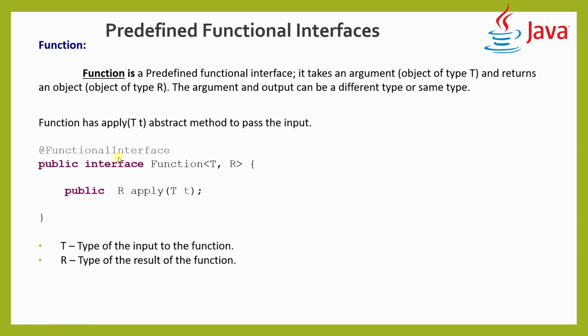Whatever input parameter we are going to give, we can use the apply method. Here T is the type of input, as I told earlier, and R means the result of that. Let's go and see how an example looks.